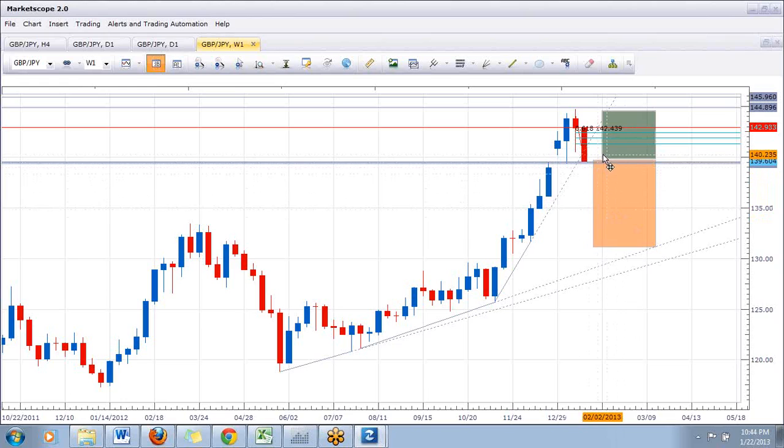So it all depends now on what's happening on the daily as well, because the weekly is not over yet. We don't know where the week is going to go. It can come back all the way up there as far as we're concerned. If it comes back through here, then by the end of the week that will go further. But if it finishes like this, then yeah, we're definitely going to be shorting that.